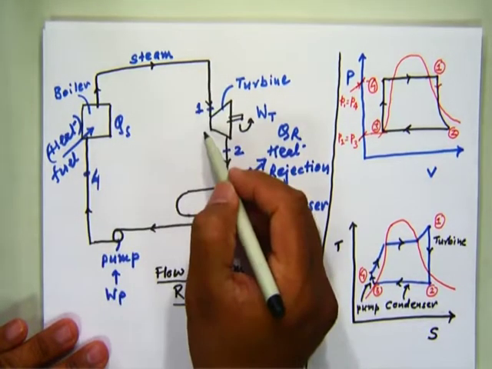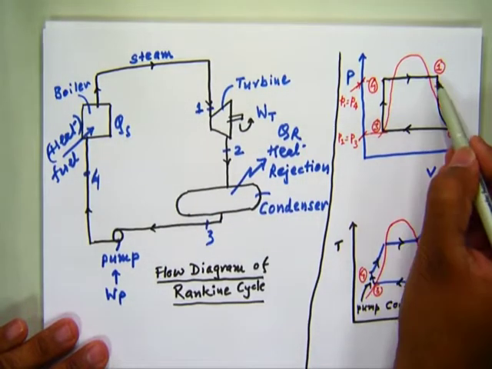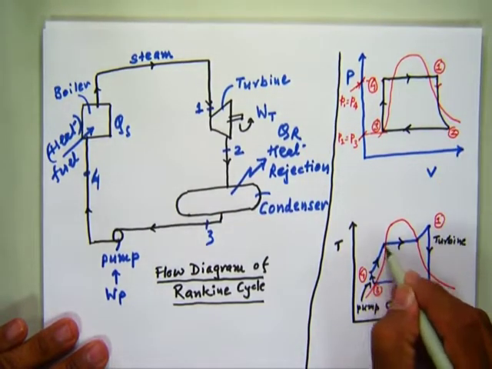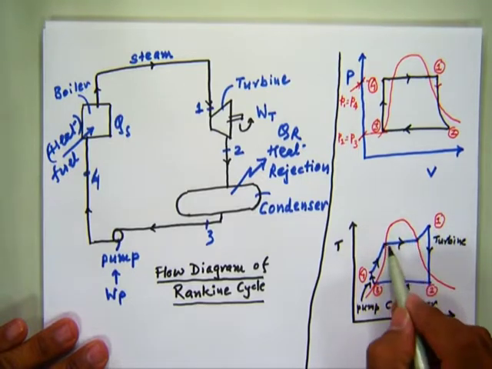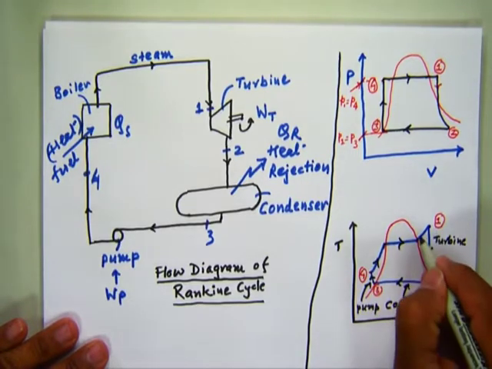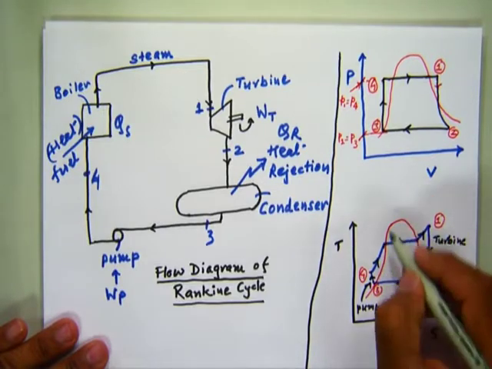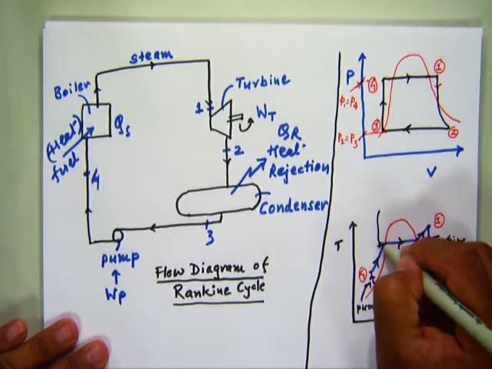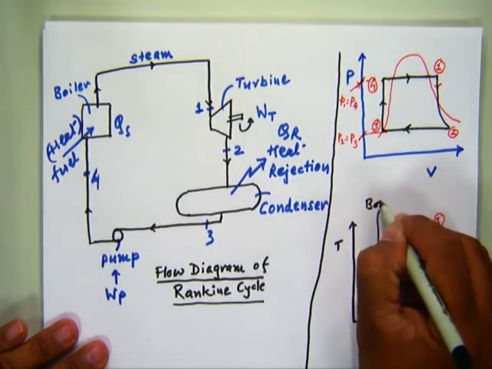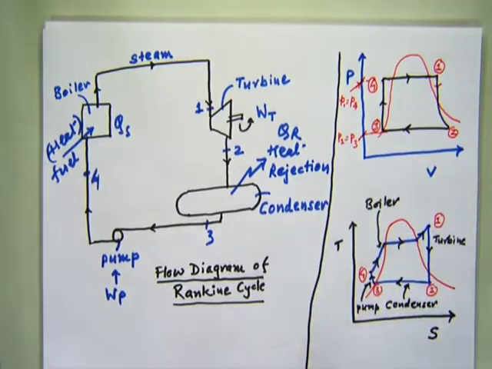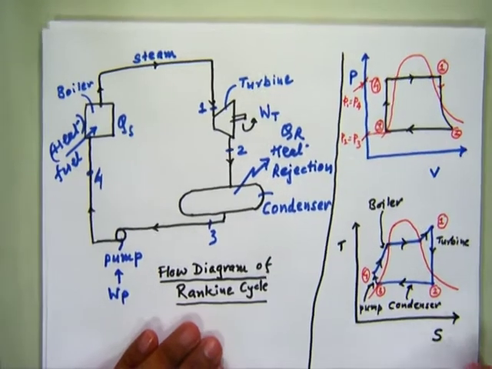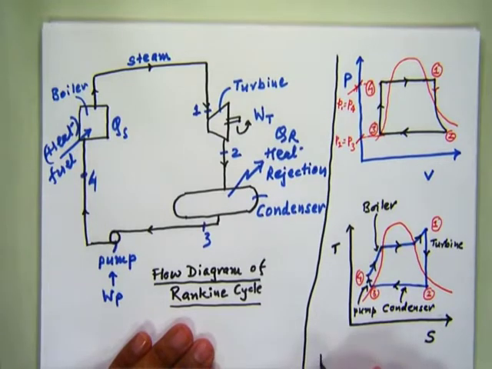4 to 1 heat addition, that is here. First, this is the sensible heat, latent heat of evaporation, and this is the heat of superheat. This entire process is carried out in a boiler. So this is the flow diagram, and this is the property diagram.